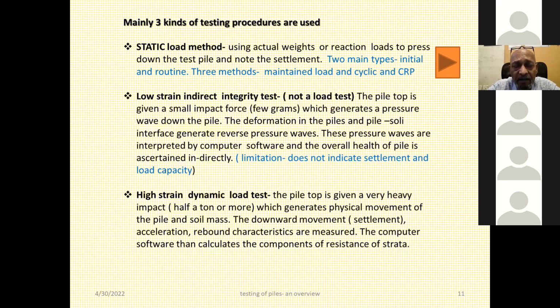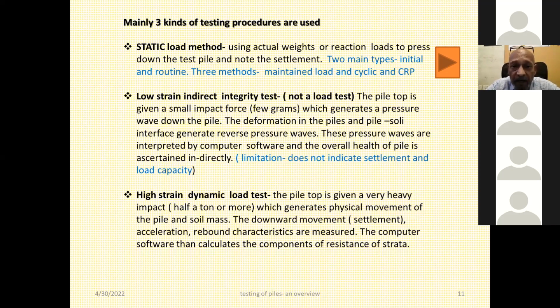These defects give reverse waves, and these waves are detected by the sensor, and the time of arrival and intensity of the waves are plotted against time.